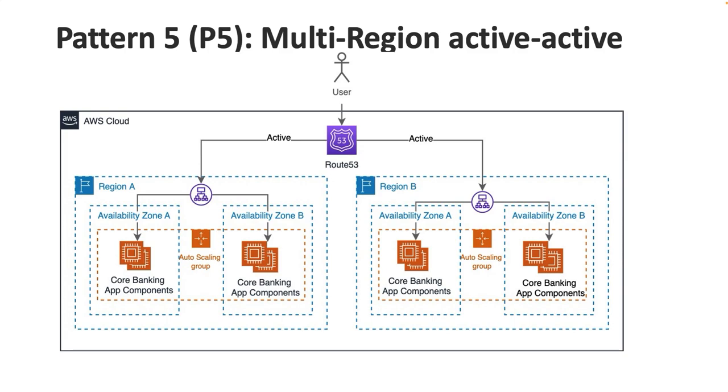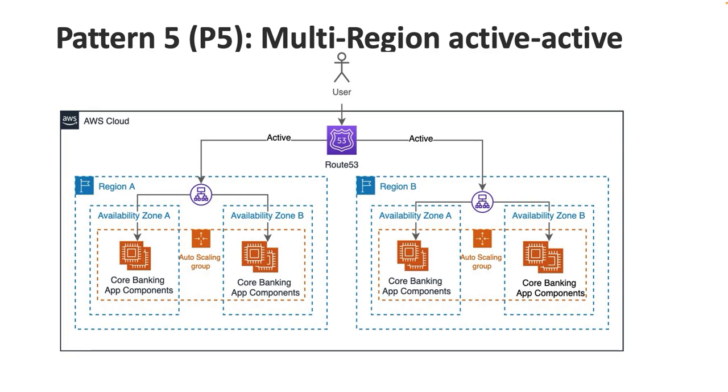So far we've seen added complexity, added cost. If you implement this pattern, you'll also need to consider that you're introducing asynchronous replication of data across regions. So there's an impact on data consistency.